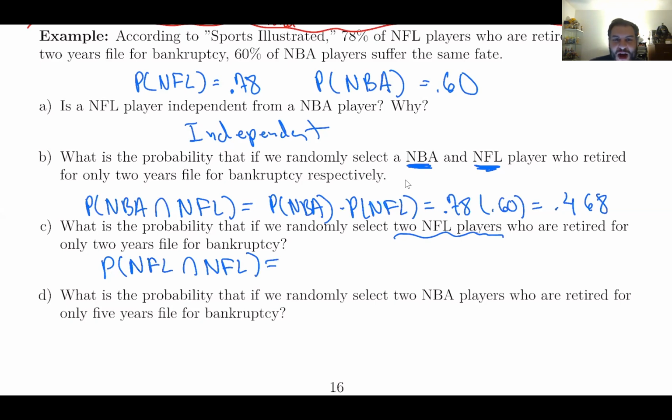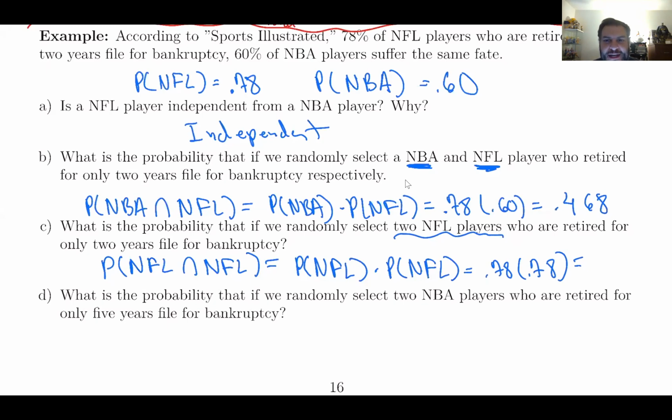For this one, all we have to do is get the probability that the first one filed for bankruptcy and multiply it by the probability that the second one filed for bankruptcy. So for this one, we'll get 0.78 and multiply that by 0.78.